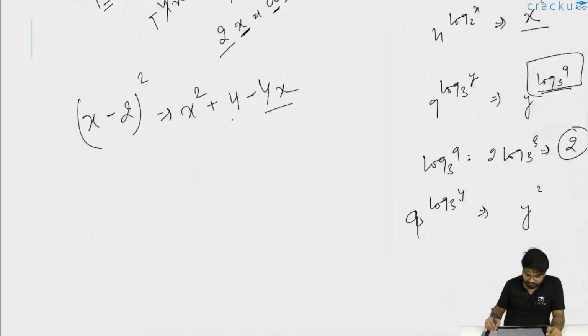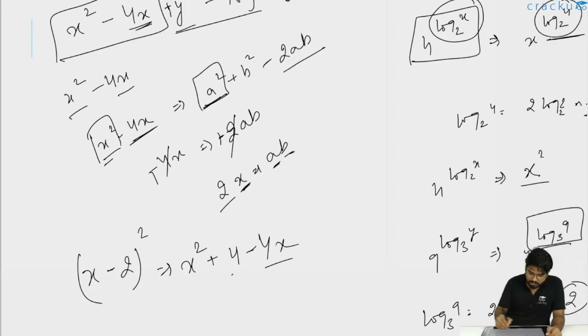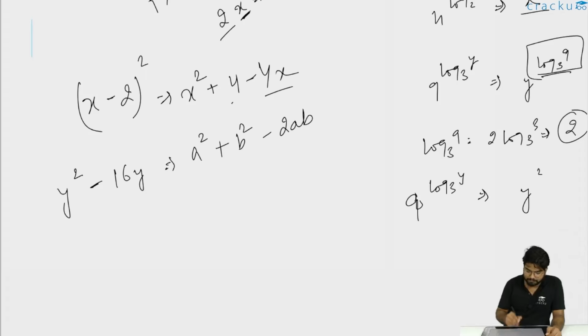Similarly, we have another term which is y square minus 16y. Again, if we compare a square plus b square minus 2ab, this value will be a square and this value has to be minus 2ab.